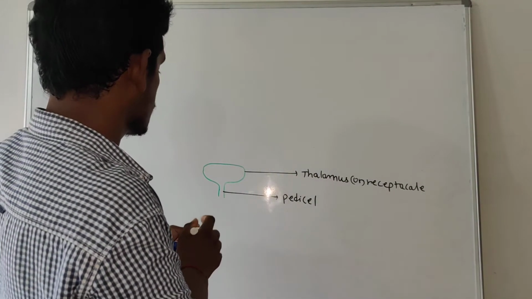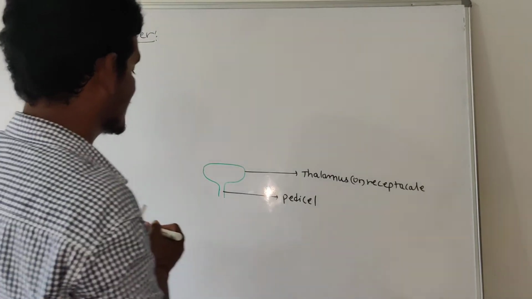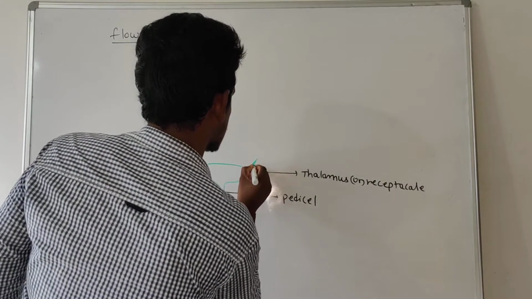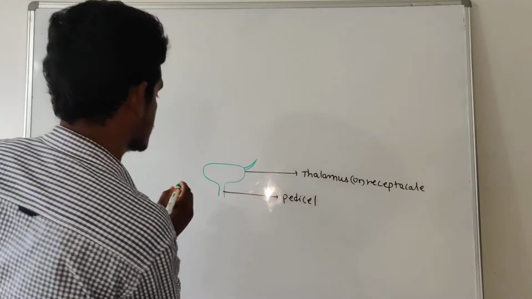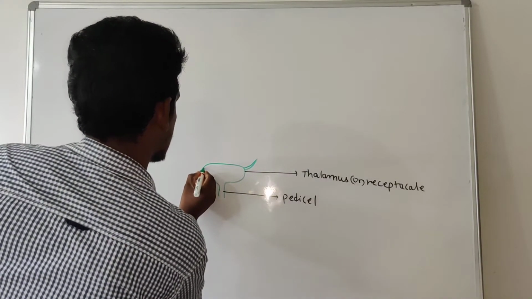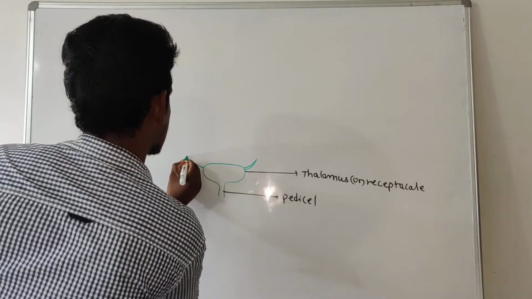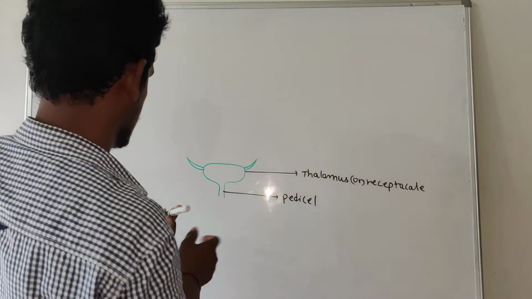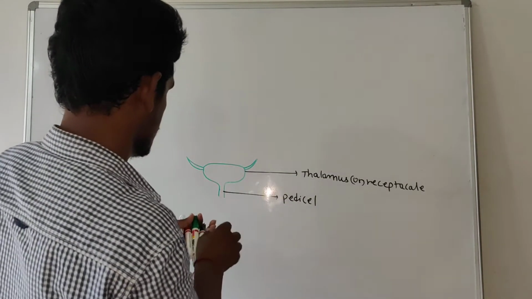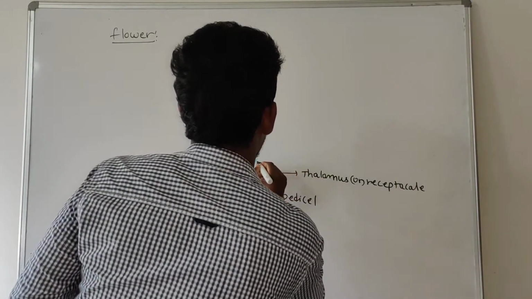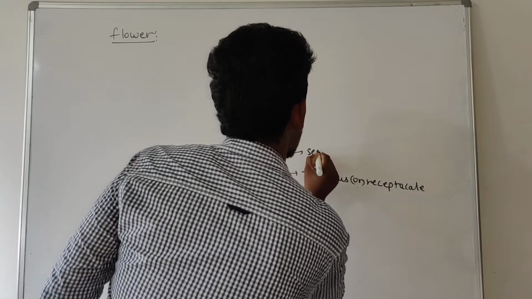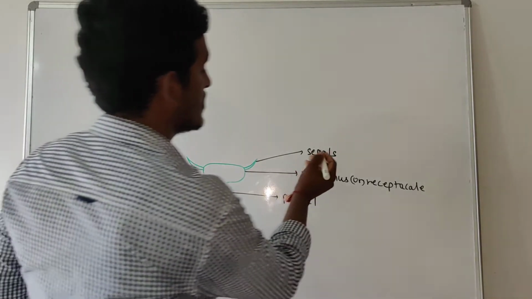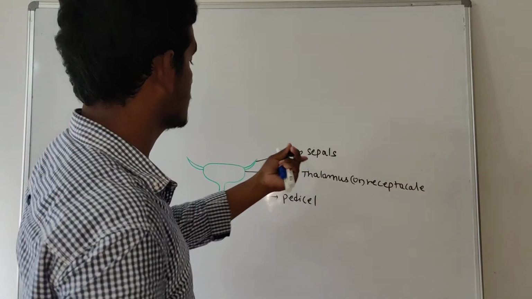The outermost one is the calyx. These are called sepals, and the collection of sepals is called the calyx. So what is the function of sepals? What is the use of sepals?